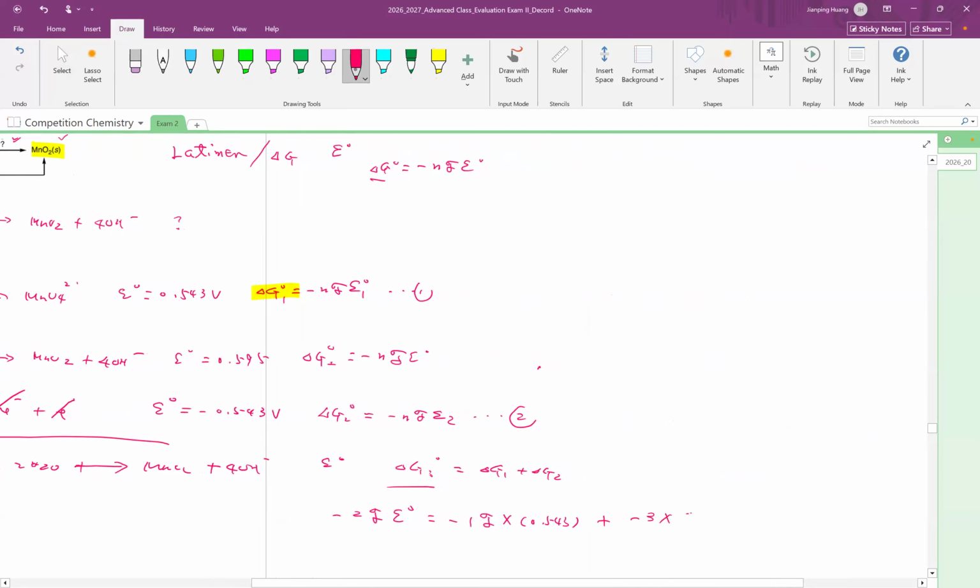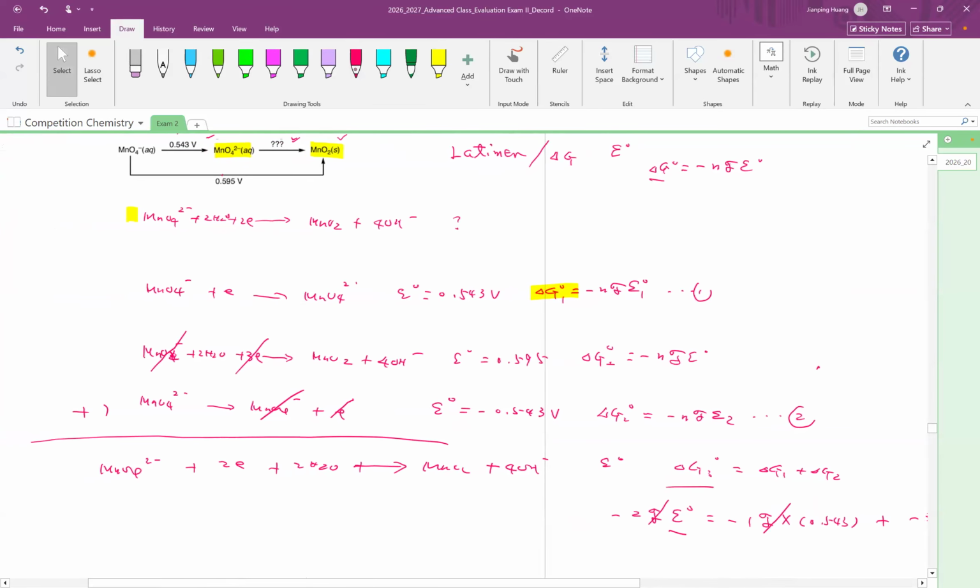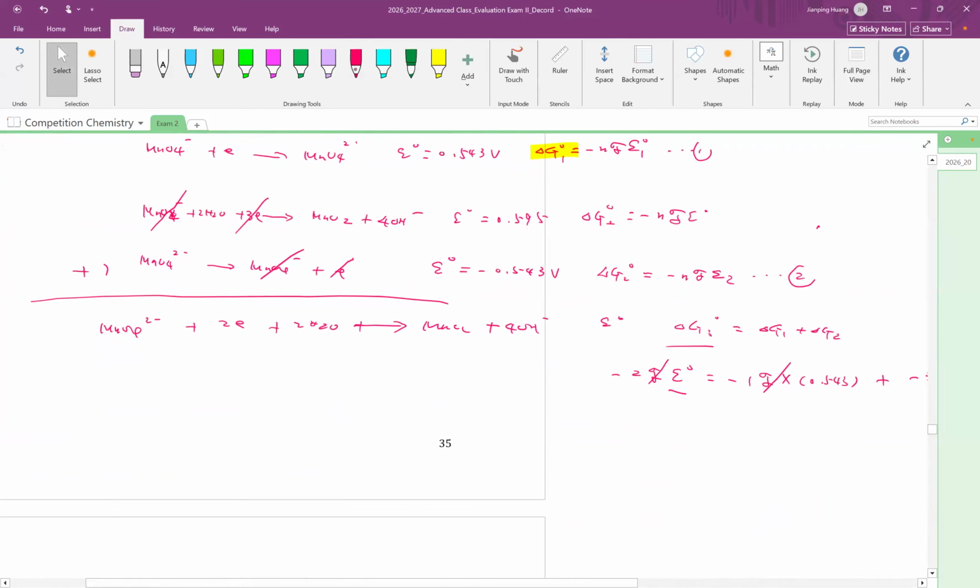Then it's what? F. Then it's 0.59. So in this one, you cancel this one. Then you calculate that one. When you calculate, I calculate it for you, okay? I calculate this one for you. And that equals 0.621 volt. That's a 0.4.